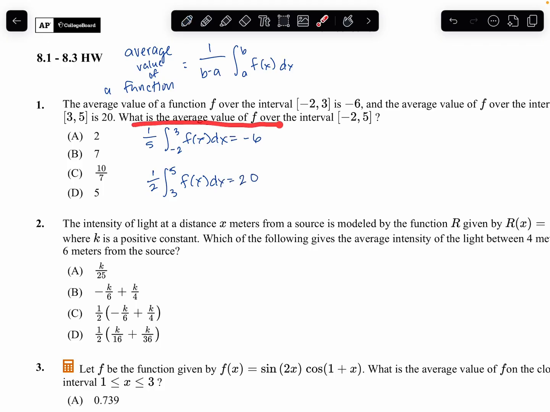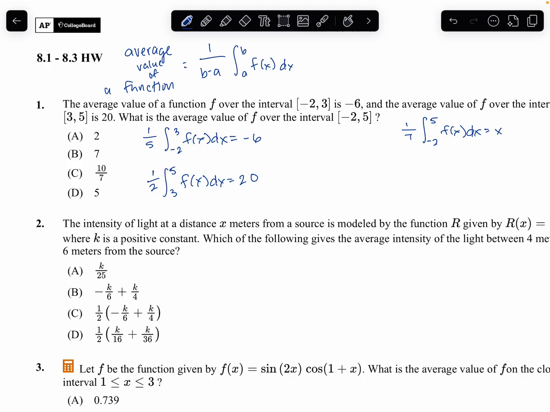What is the average value of f over the interval from negative 2 to 5? From negative 2 to 5, the length is going to be 7. And then the integral from negative 2 to 5 of f of x dx, what does this equal right here? We'll call this x.